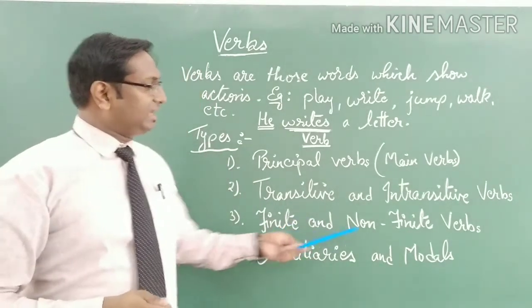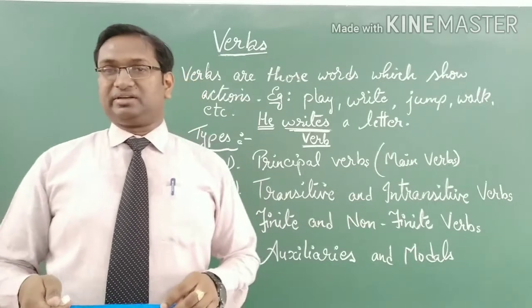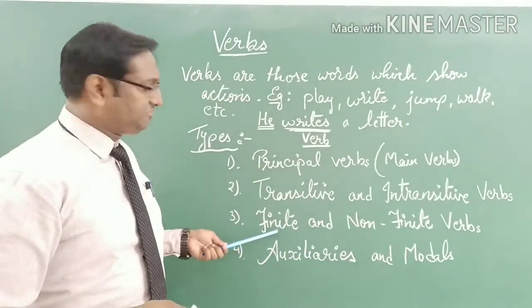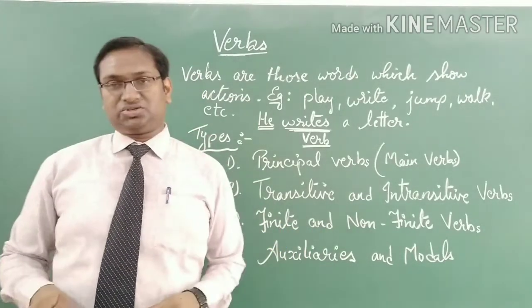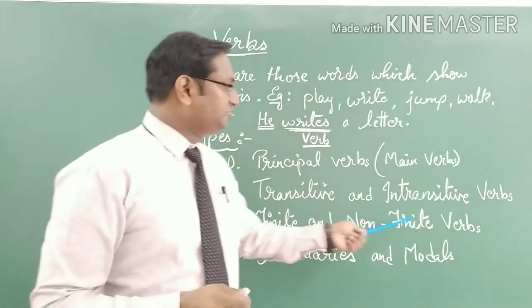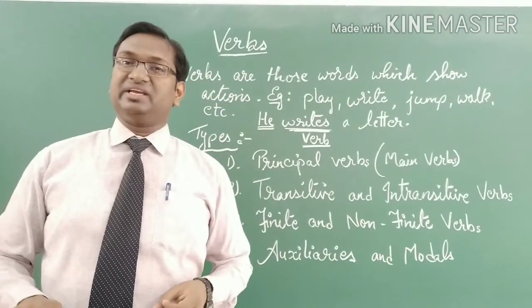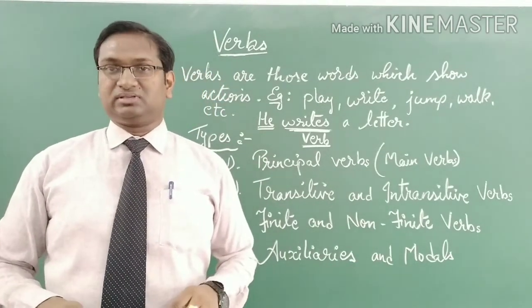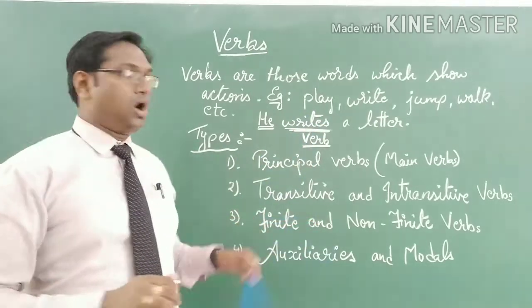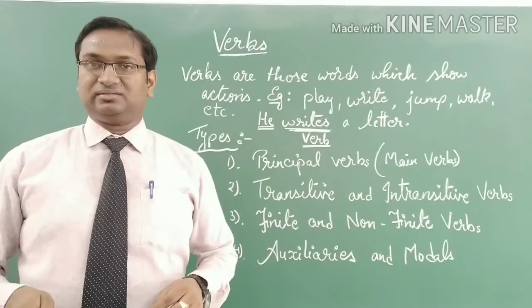Now, finite and non-finite verbs are divided into categories. Like over here in finite, we have 3 uses. And in non-finite, we have 3 types: gerunds, infinitives, and participles. Now, let's study all these types of verbs one by one in detail.